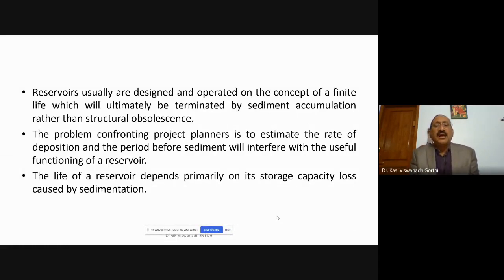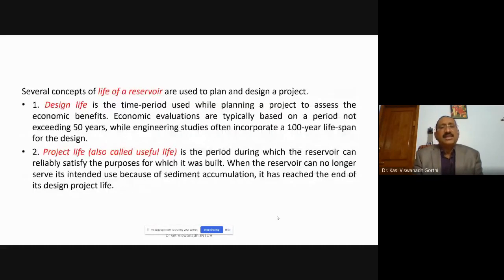The problem confronting the project planners is to estimate the rate of deposition and the period before the sediment will interfere with the useful functioning of a reservoir. The life of a reservoir depends primarily on its storage capacity and the loss caused by sedimentation into the reservoir. Several concepts are there to define the reservoir life while designing any irrigation project.